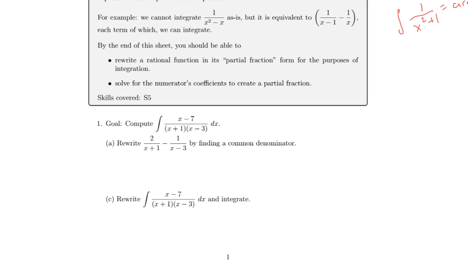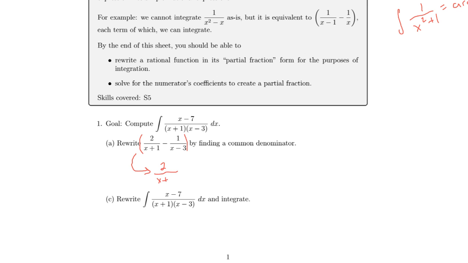We're asked in problem A to rewrite 2 over x plus 1 minus 1 over x minus 3. These are two rational expressions by themselves, but we want to rewrite it by finding a common denominator. We've all done this at some point. Even if you're a little rusty, I'm confident you've done it at some point in your career.